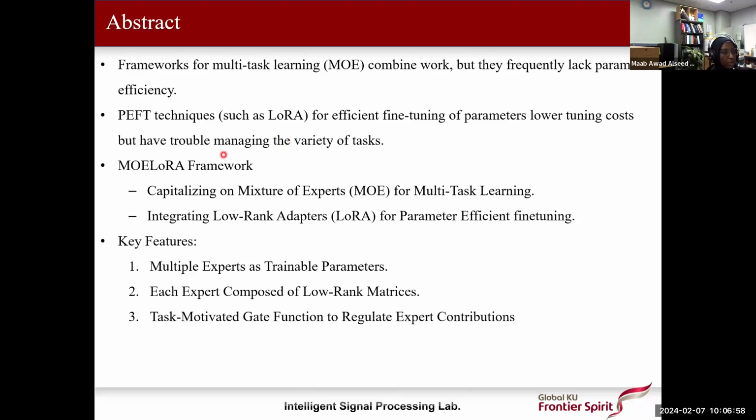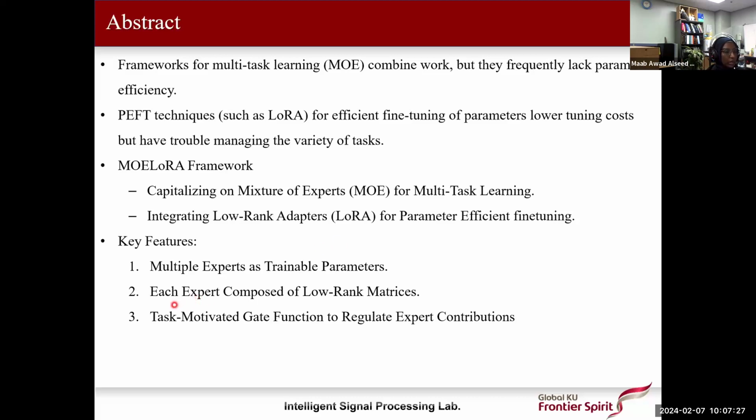They proposed MOELoRA, which tried to combine the two methods together. First, using the mixture of experts for multitask learning for different tasks, and for the parameter efficient fine-tuning, they use LoRA, the low-rank adapters. So we will have multiple experts per task, which will be the only trainable parameters.